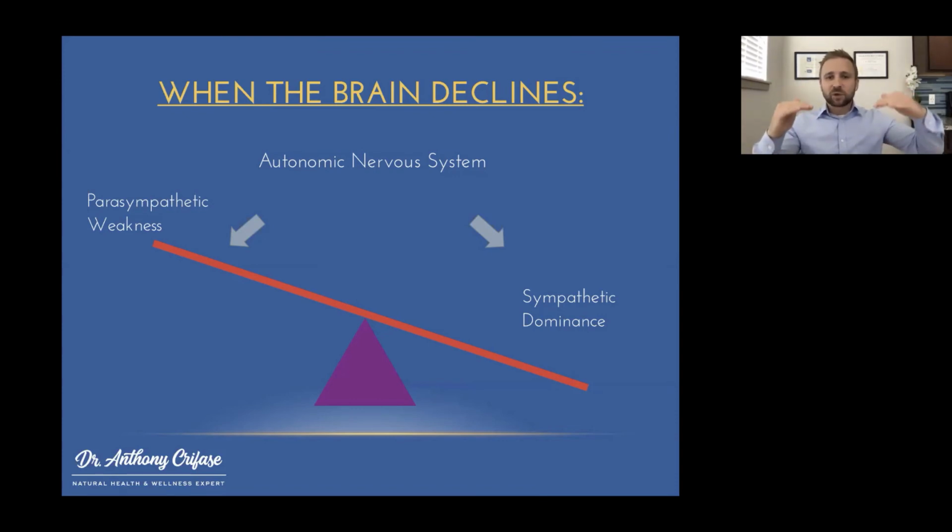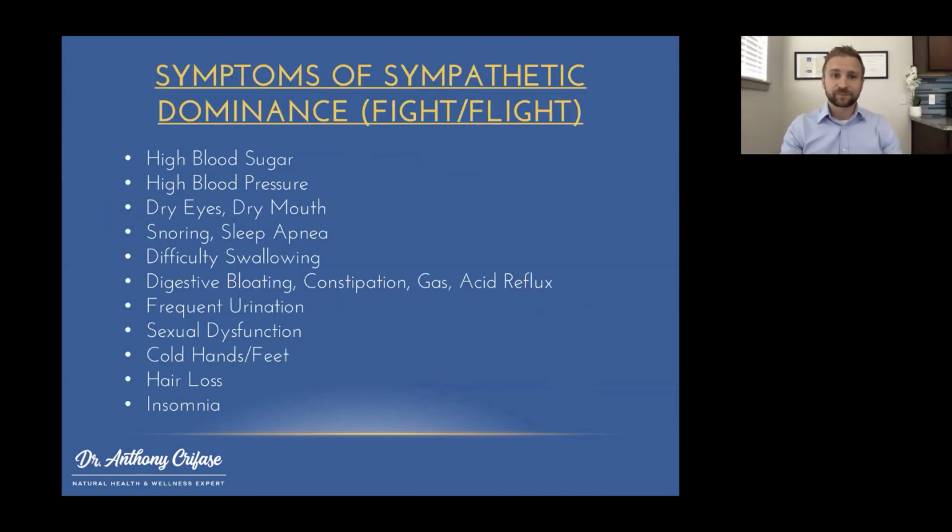Over time, this creates a huge problem because now we have chronically elevated blood sugar as a result of these high cortisol levels. This causes brain decline. Some symptoms of this are high blood sugar, high blood pressure, dry eyes, dry mouth. Remember, we talked about when this is occurring, your blood gets shunted away from the internal organs. Blood glucose increases because you have to think more.